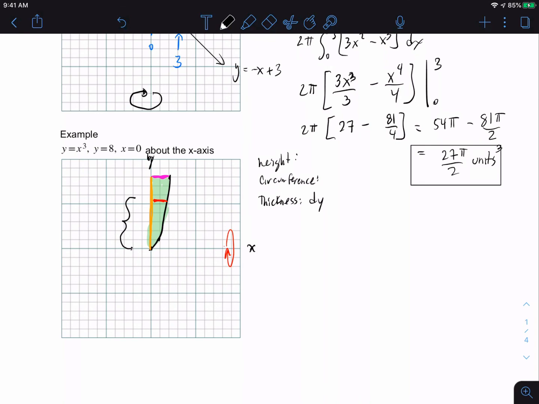And what variable can I use for that? Shouldn't it be y? Right? Because since I'm rotating about 0, anything that I move it up from 0 to 8 has to just be y radius.